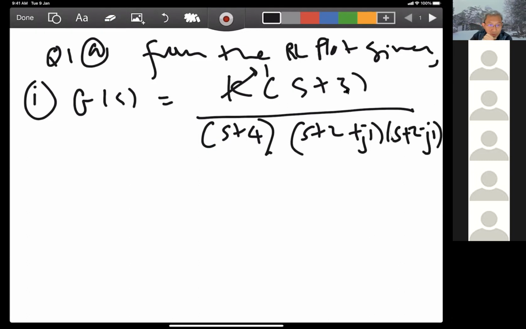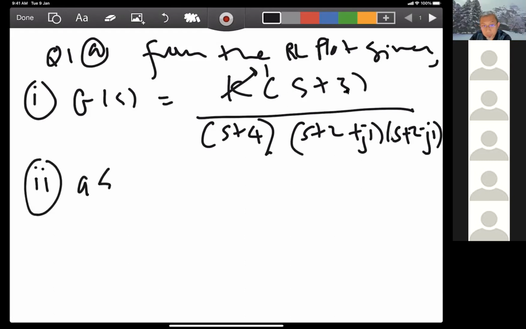The asymptote point, sigma A, and the asymptote angle. This one is based on the formula.